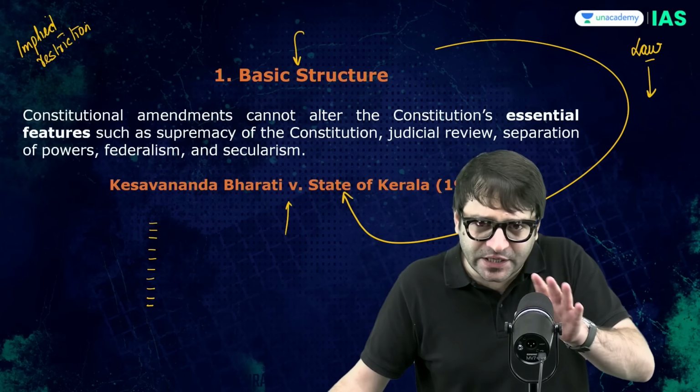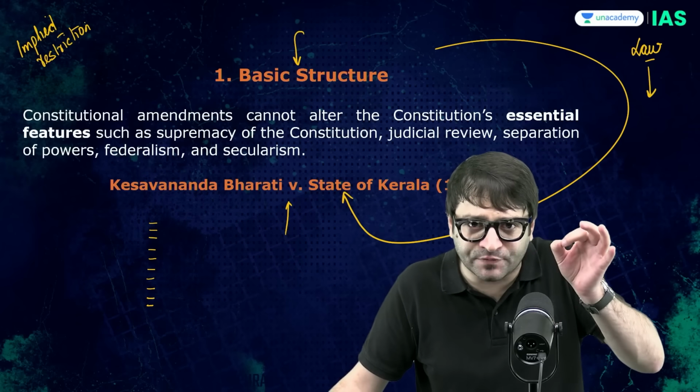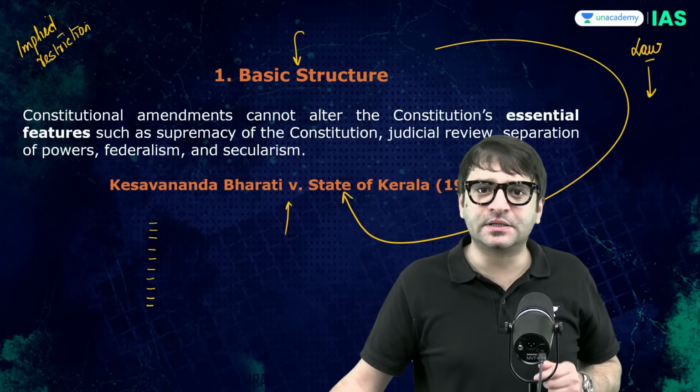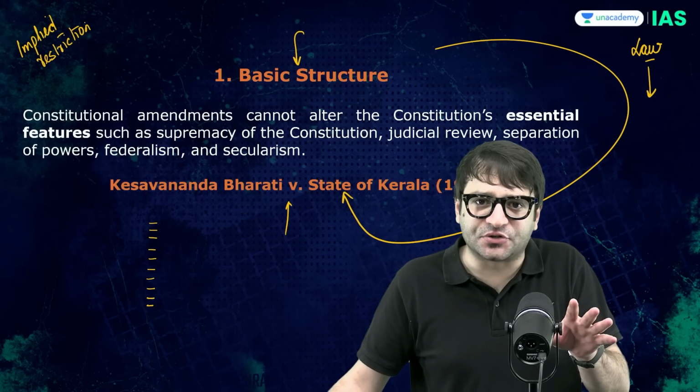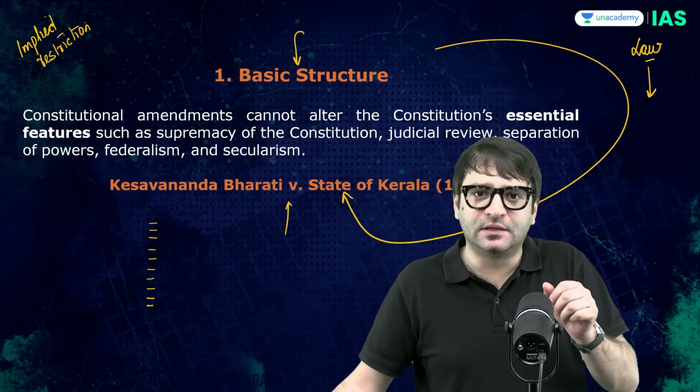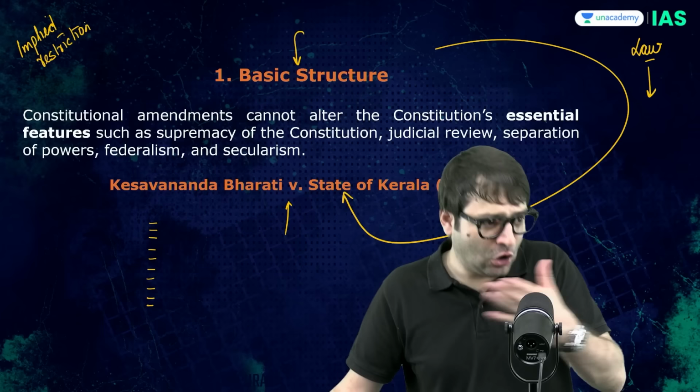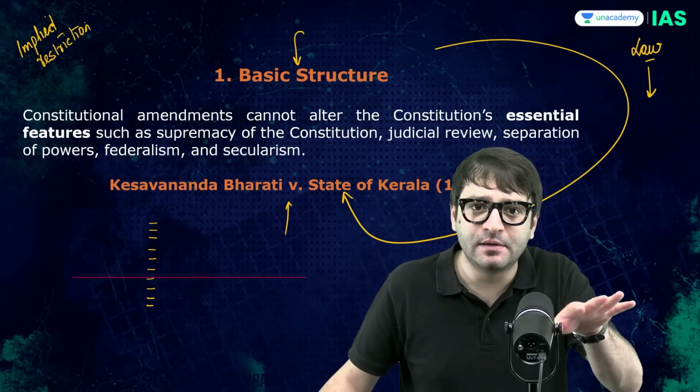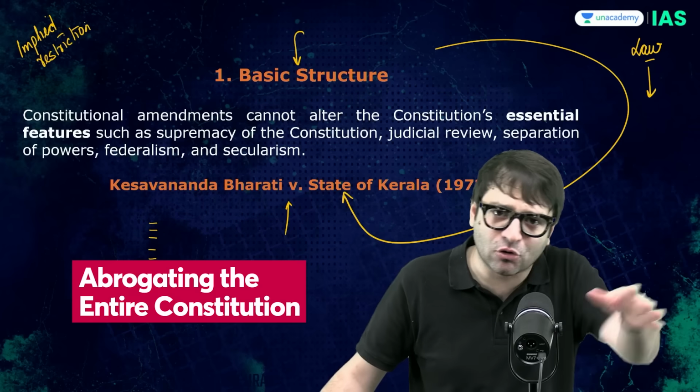So, if there is no limitation on the amending powers of the Parliament, then Parliament can use Article 368 to delete Part 1, 2, 3, 4, all the 25 parts, thereby abrogating the entire Constitution.